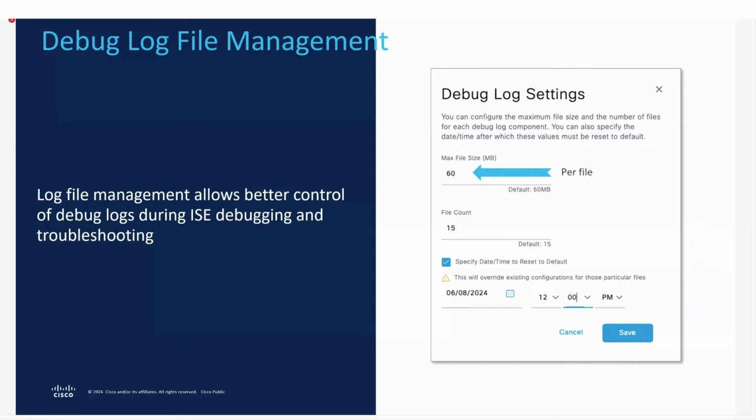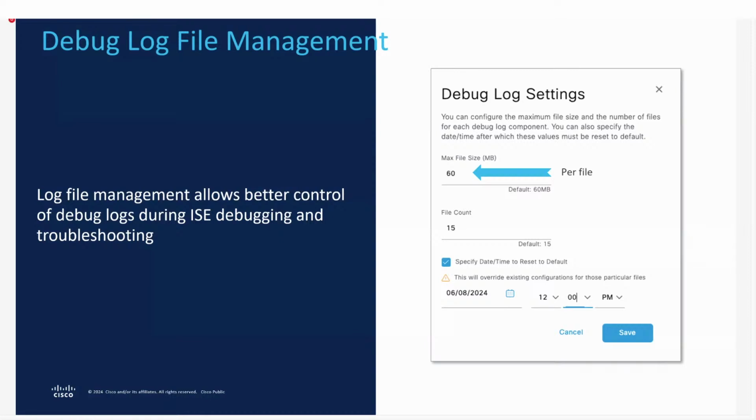And then when you want to reset this to default, so say you're done debugging and you don't want all of these log files to fill up your disk space, then you can reset your custom settings to the default settings at a specific time here. You can do it today, sometime in the future, 10 minutes in the future, 30 minutes in the future.